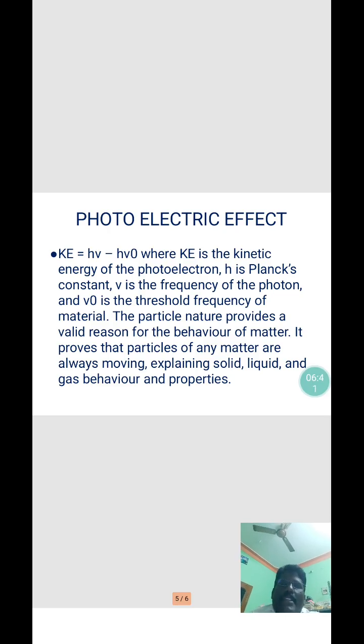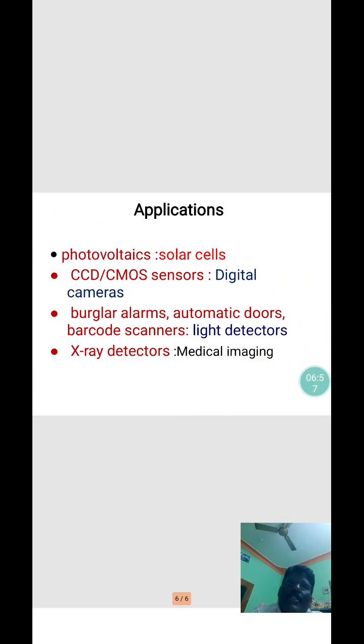Particle nature provides a valid reason for the behavior of matter. So it proves that particles of any matter are always moving, explaining solid, liquid, and gas behavior and properties.